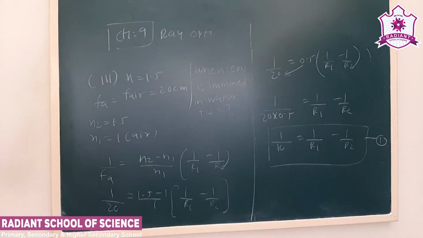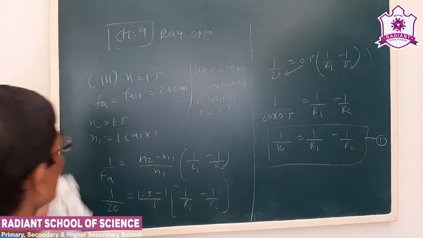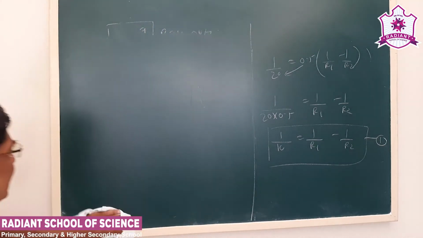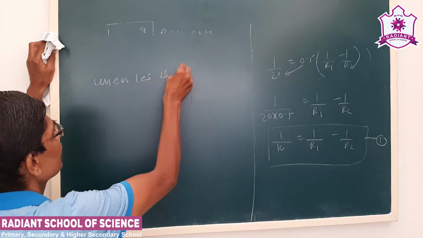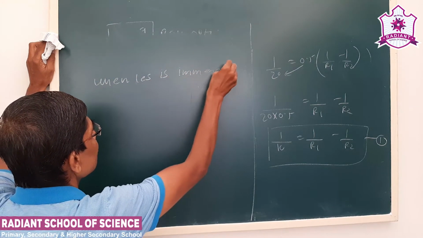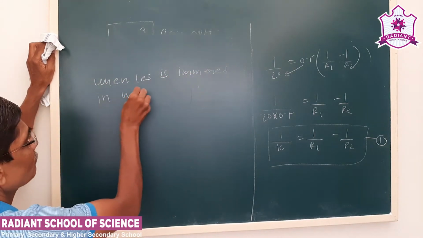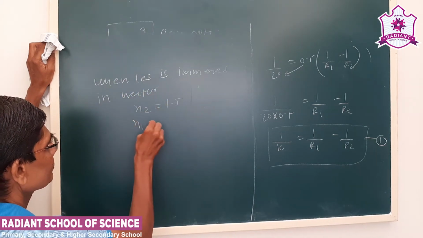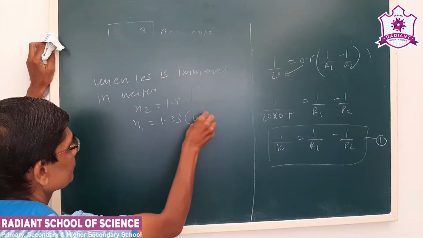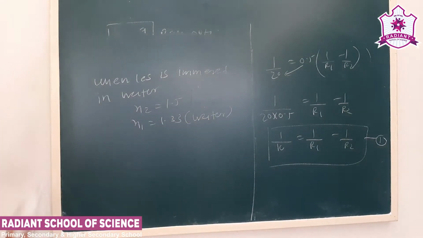Now secondly, see, we have to calculate when the lens is immersed in water. So in that case, when the lens is immersed in water, N2 is 1.5. See, that is the refractive index of the lens, and for water it is 1.33.